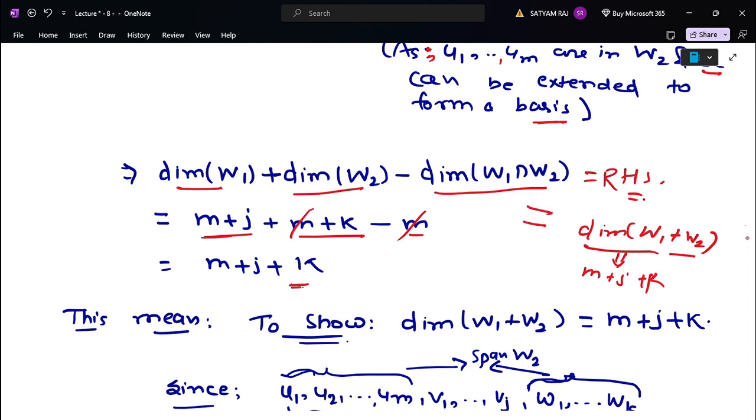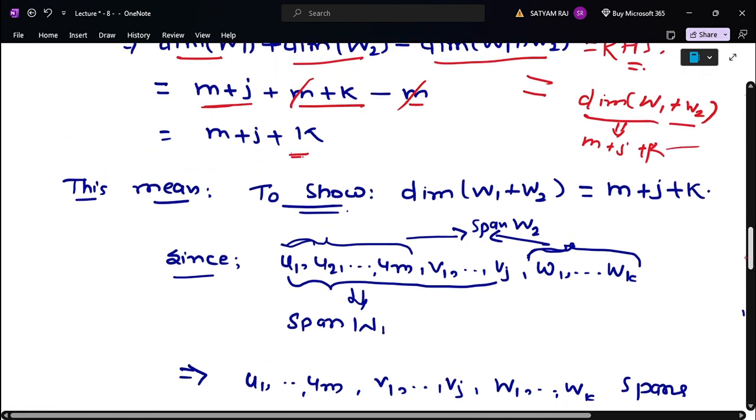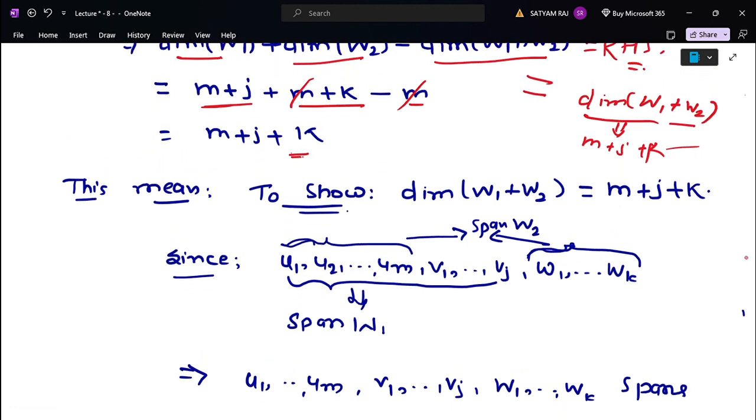So here we are trying to show that dimension of W1 plus W2 equals m plus j plus k. Now we have collected all the vectors.